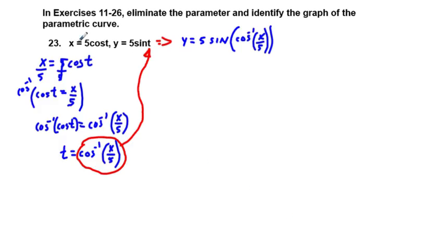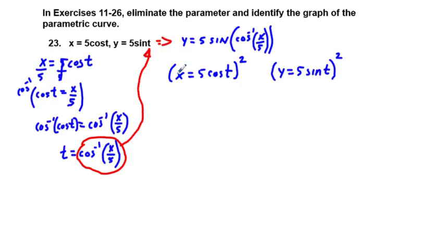We're going to take both these equations, x equals 5 cosine t and y equals 5 sine t, and we are going to square both sides of both of these equations.